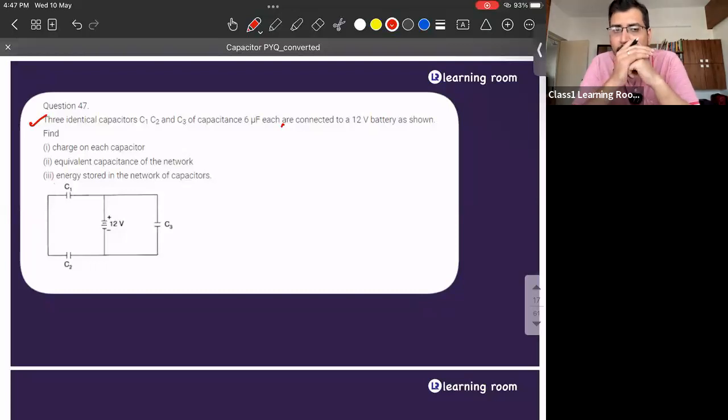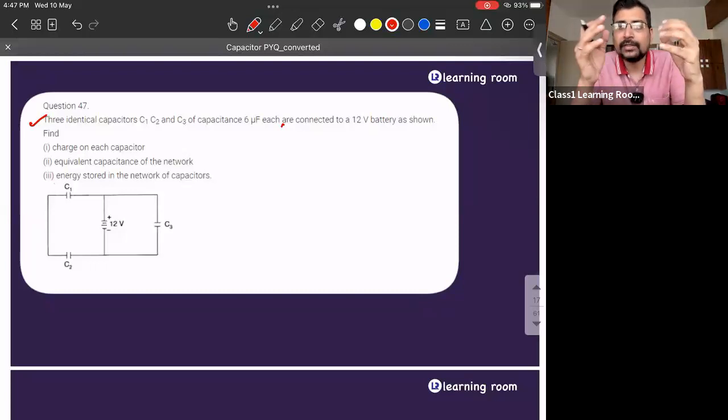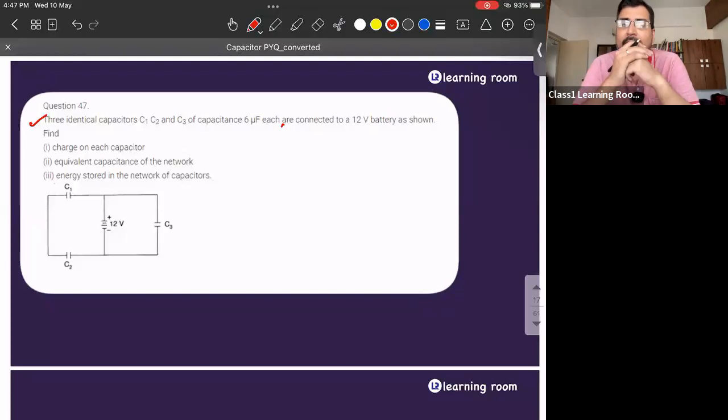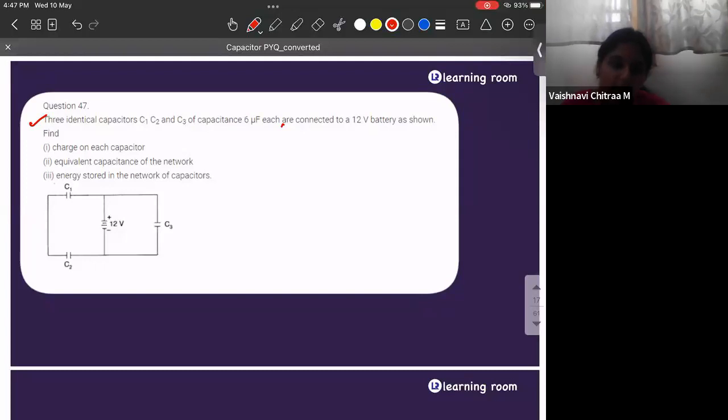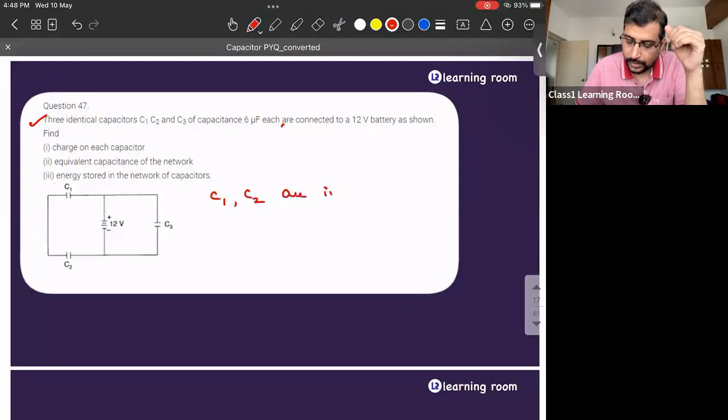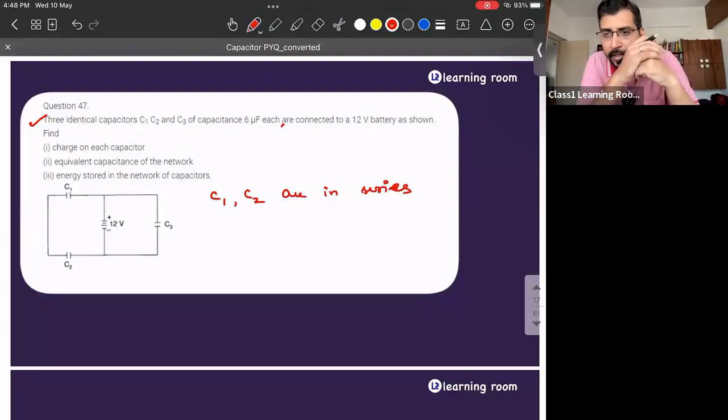So tell me one thing, which capacitors are connected in series and which one is in parallel? C1 and C2 are in series, right? And C3 is in parallel.